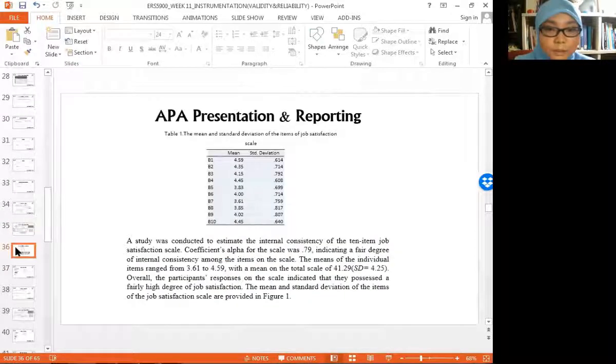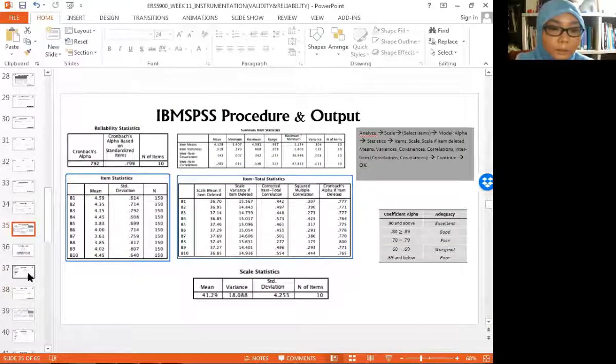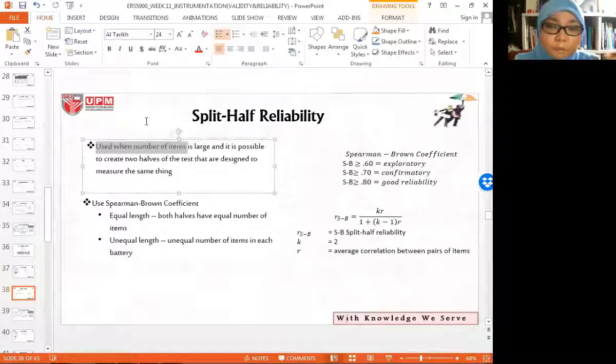Okay, I thought that one is the last one. Last one. Okay, ni split half reliability. This one untuk yang Cronbach alpha biasa. The split half ni you divide into two halves. For example, you have a very large number of items, for example around 50 items, and then from these 50 items ni you divide into two.